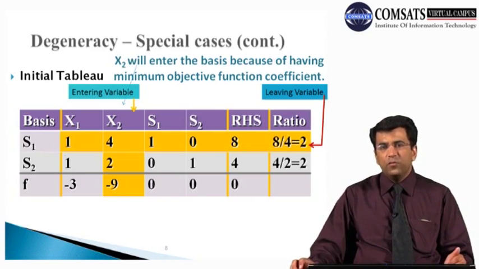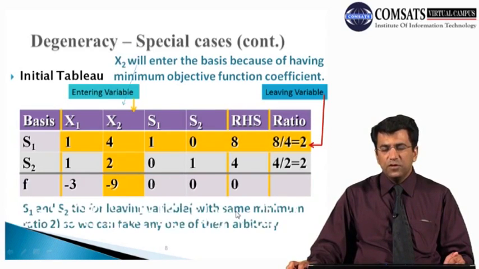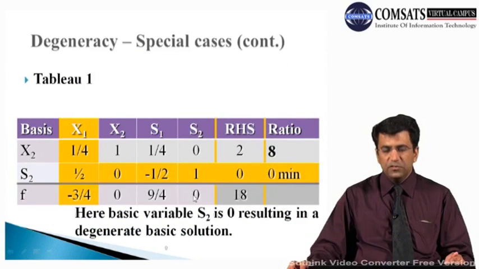So if we formulate the other table, we will have to replace this leaving variable, that is S1, with the entering variable, that is X2 in this particular case. So after identifying all of these important values, if we go to the next table, so this is our next table.